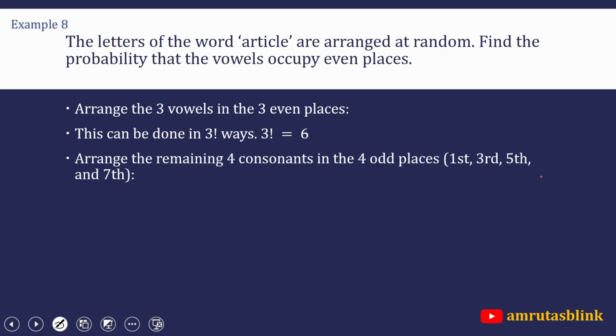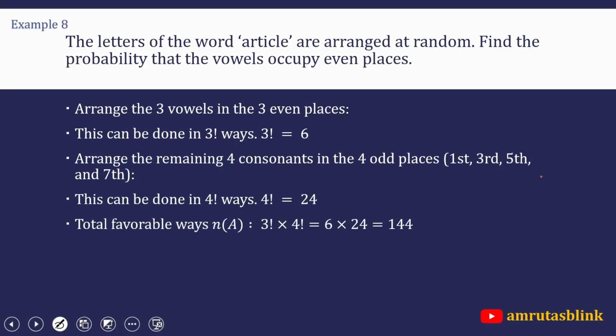Now there are 4 remaining places, that is 4 odd places, and these 4 odd places are to be filled with the remaining 4 consonants. So how many possible ways are there? 4 factorial.